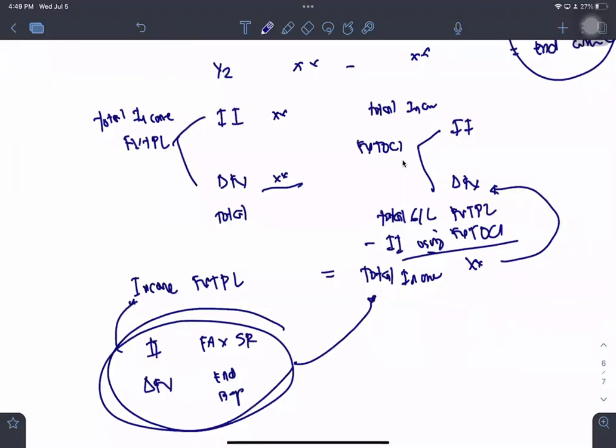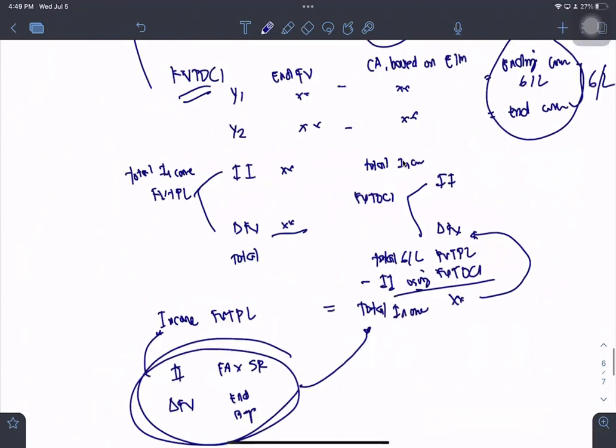Therefore, if you find it hard to compute using the changes in fair value, as I have outlined a while back in your FVTOCI, then you can make use of the shortcut. Get first the total of your FVTPL. You deduct the interest income using the FVTOCI. That is now the amount of your gain or loss in your changes in fair value for FVTOCI.